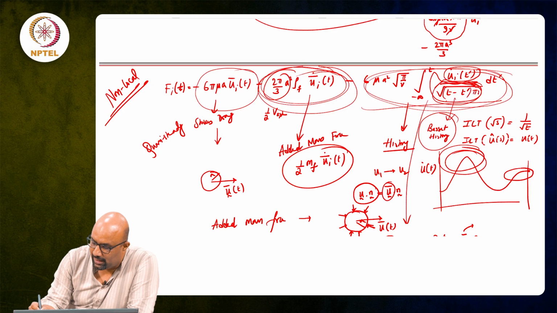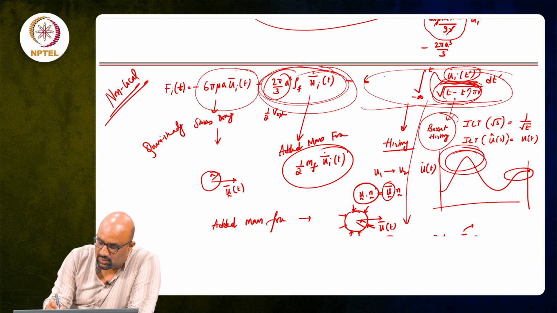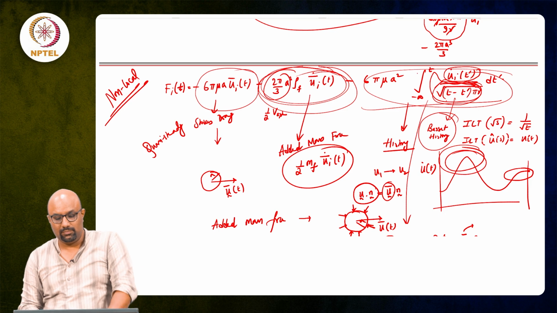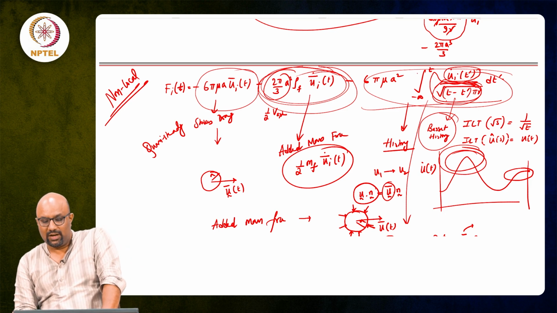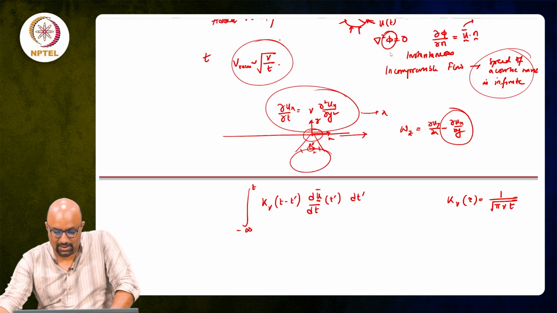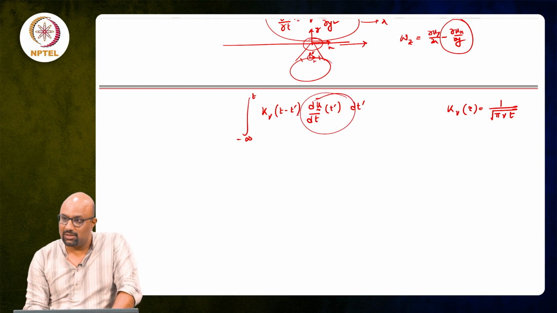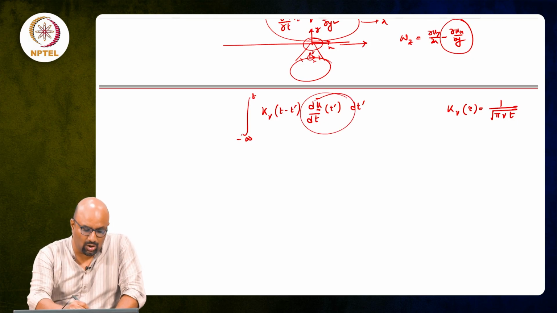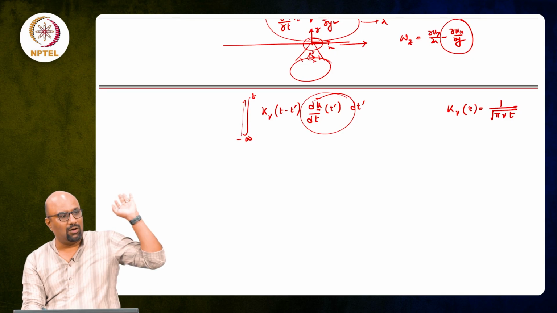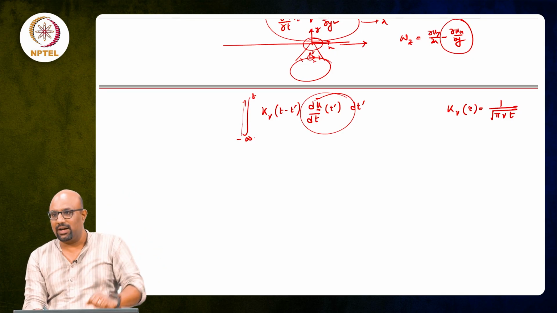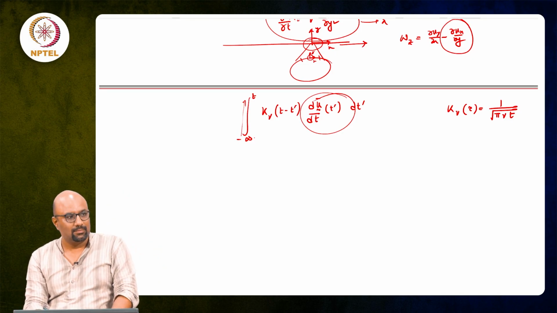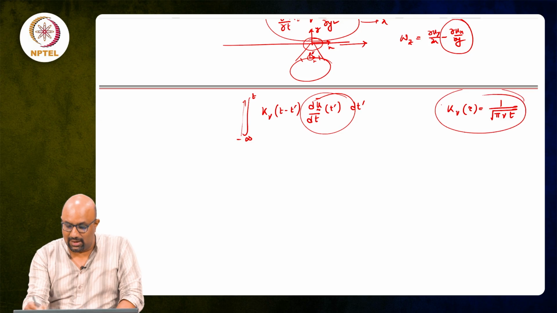If I put a pi and nu here, then this becomes 6 pi mu a squared. So, what I have done is I have written this term as an integral over the acceleration over all t prime, from all points in the past to the current instant of time, and then this is the kernel that you have.